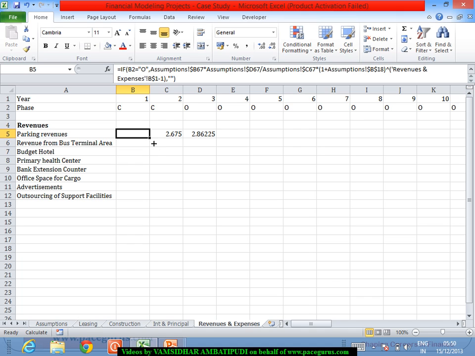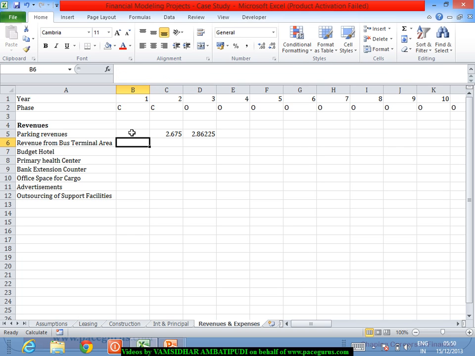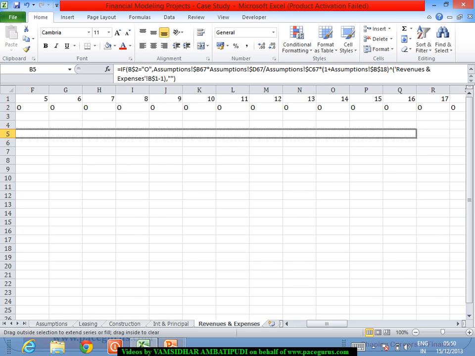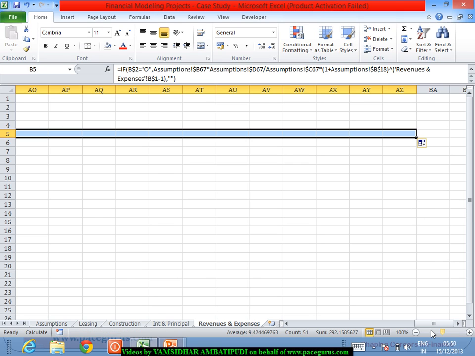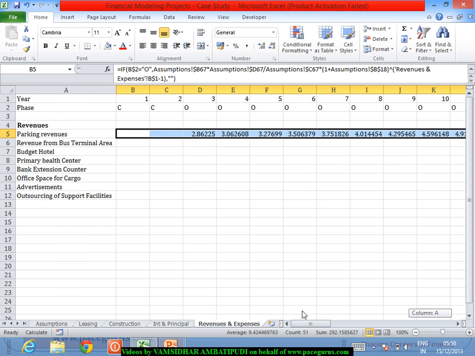Because of this, what I could also do is this 2, I will freeze it with a $. Now if I drag this piece across, let's see, up to AZ, I know that these are the revenues until the 33rd year, starting from the 3rd year onwards.